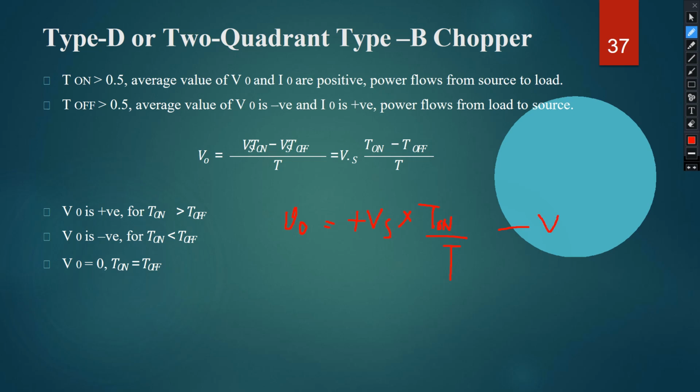It will get a negative value, minus Vs into T off by T. That means the off time is important over there. So from this equation, if you take Vs by T common, you will be getting T on minus T off.